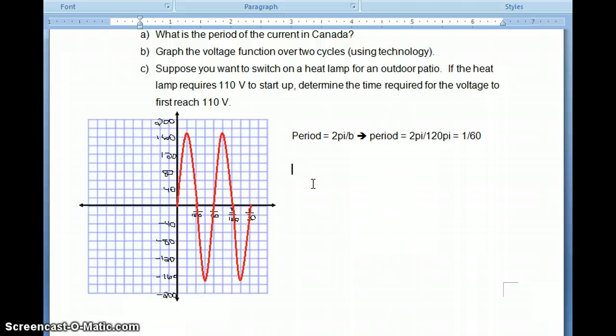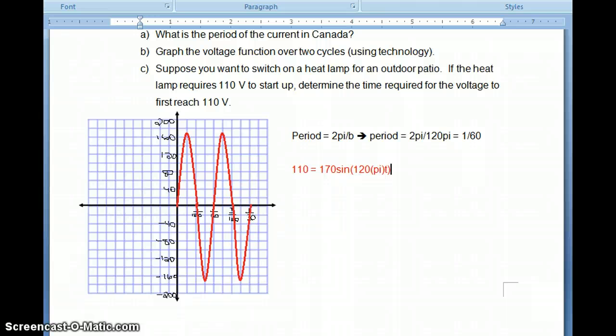So here we're given that V is equal to 110, and that is equal to 170 sine times 120 pi times t. That looks like pit, but it's pi, not pit. Okay, so then we're going to solve for t here, and this overall will be in brackets. They're all multiplying, so they're all one function.